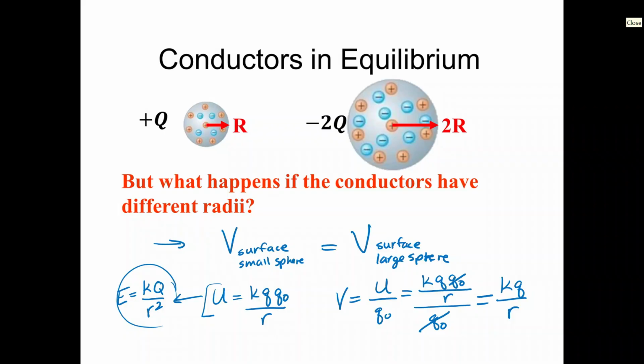The electric field of a point charge and a spherical charge is E equals kq over r squared. We've now found that our potential is equal to kq over r. So knowing that that's true, we can then use that information to find the charges that these two spheres end up with once they're brought together and then separated.